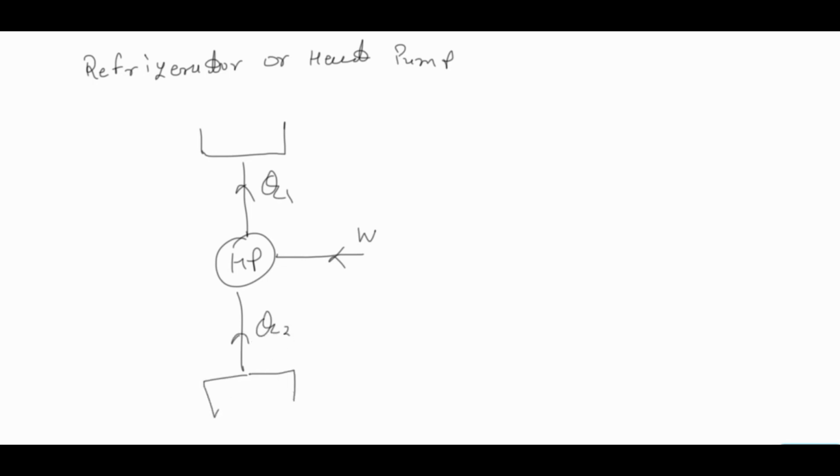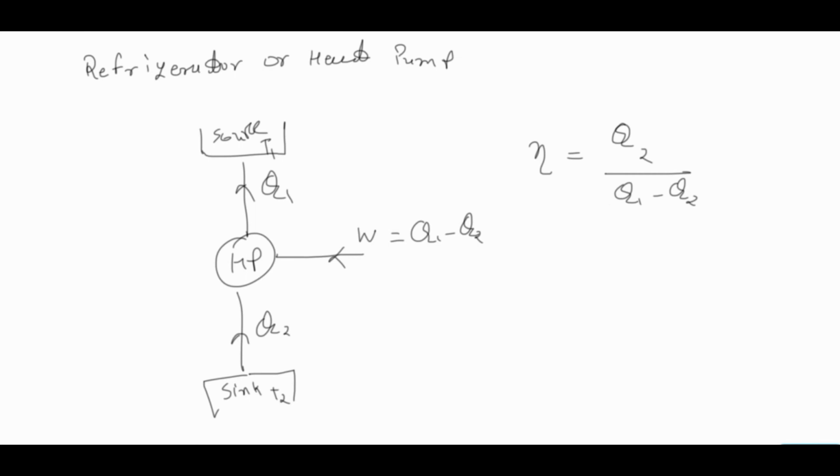So this is source, which is at temperature T1, and this is sink, which is at temperature T2. W is equal to Q1 minus Q2. In this case the efficiency will become eta is equal to Q2 upon Q1 minus Q2. So this is all about heat pump and refrigerator.